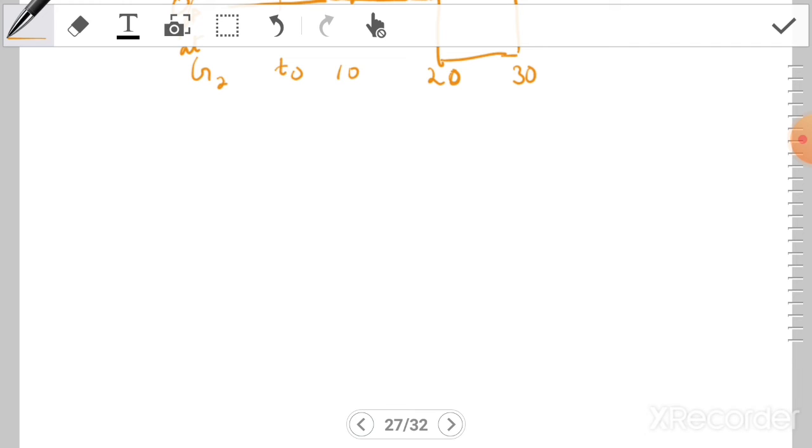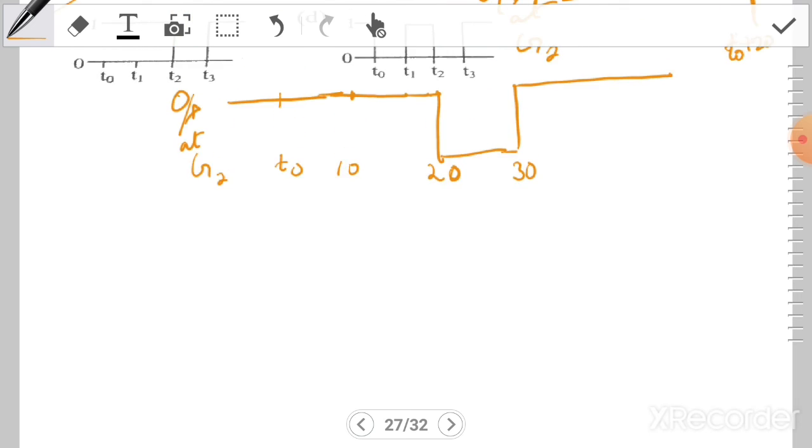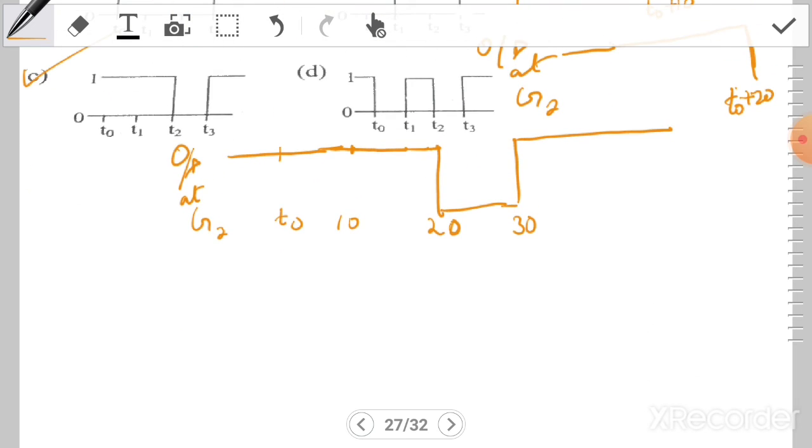Based on the given input, deduce the output without considering the time delays. Okay, let us redraw. So Vi is this, and T0.